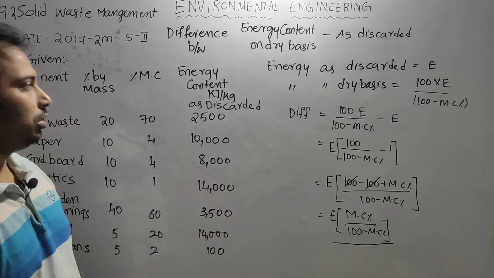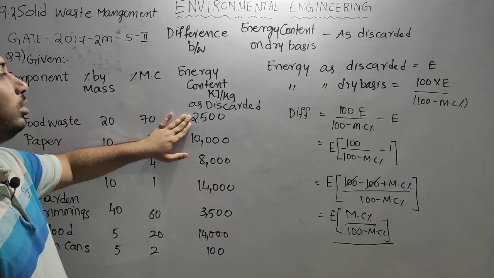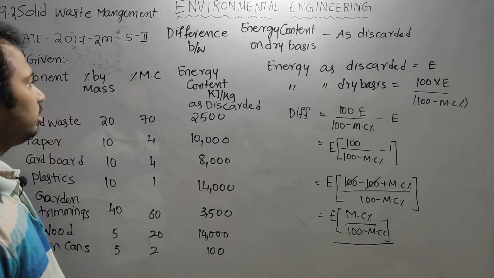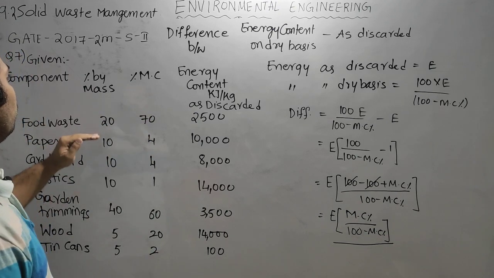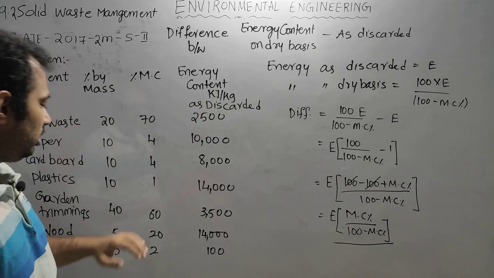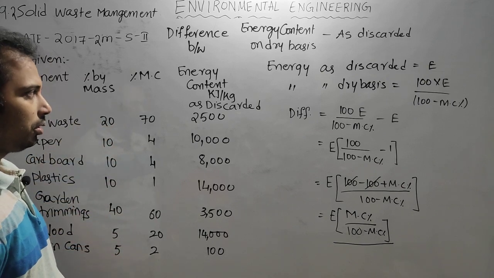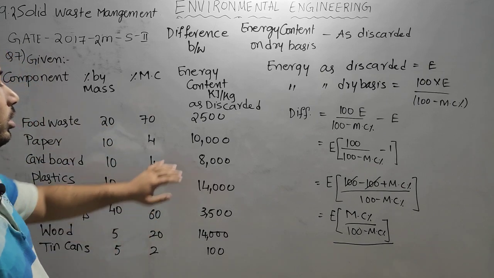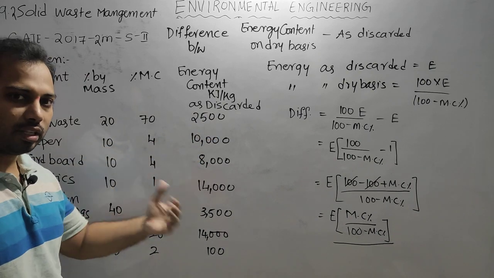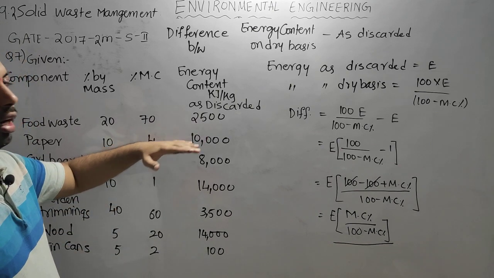Before doing that, actually here this is the energy if that mass is 100%. Whatever the mass be, if you are taking 1 complete kg of solid waste, it was given in a proportion, and this is the energy when the solid is 100% present.